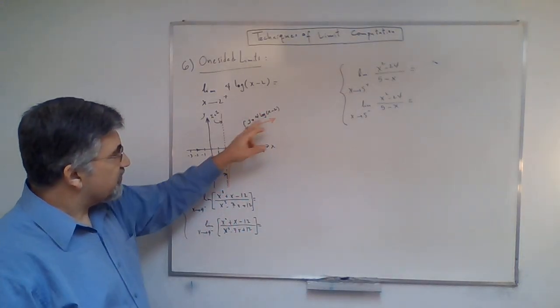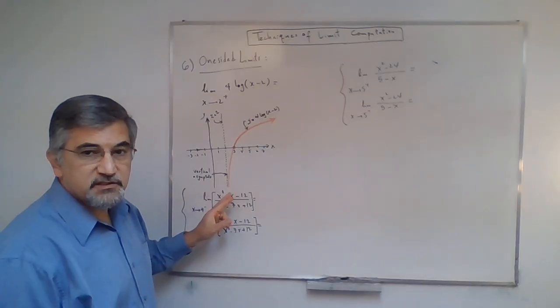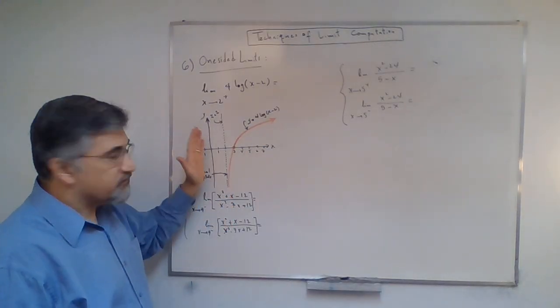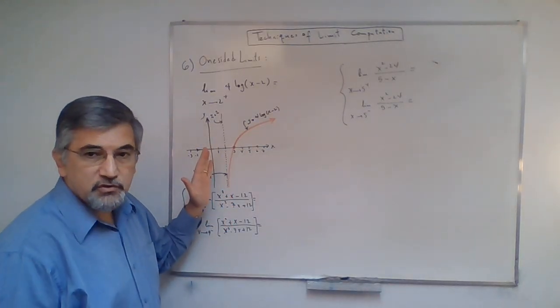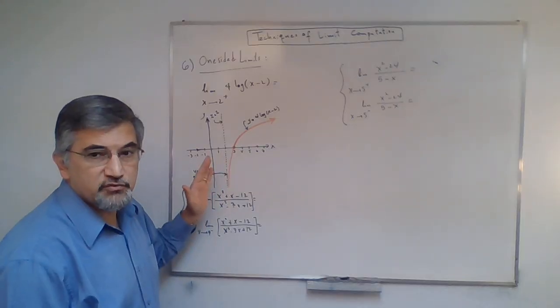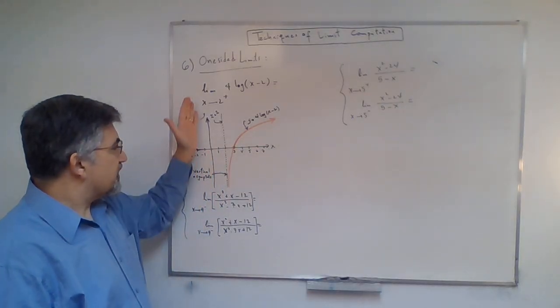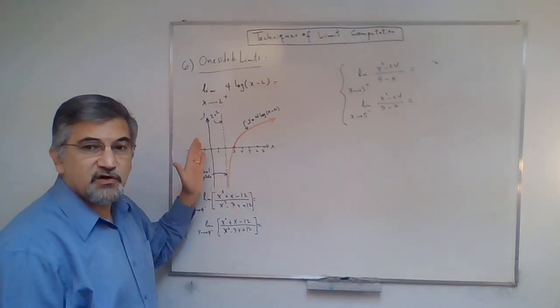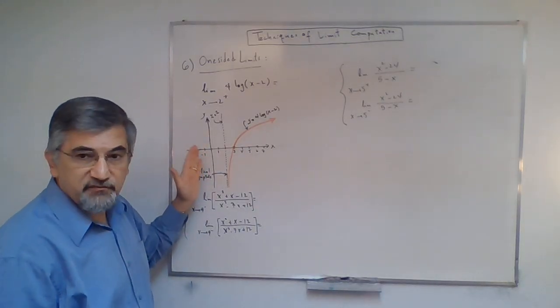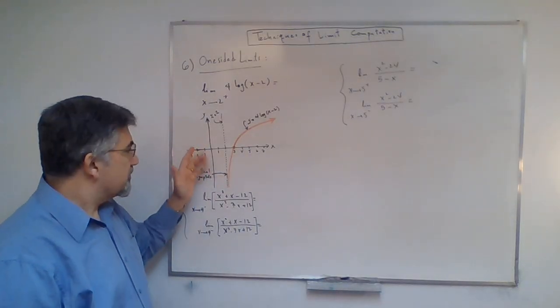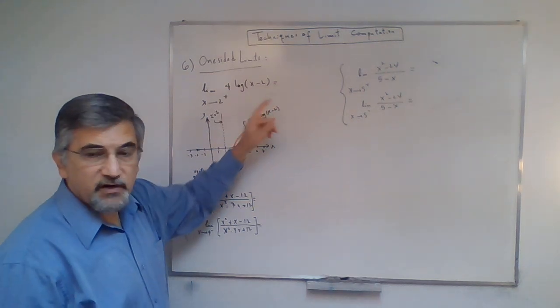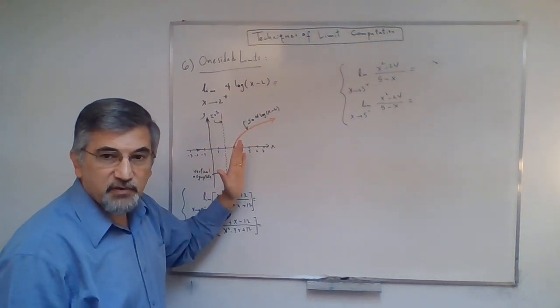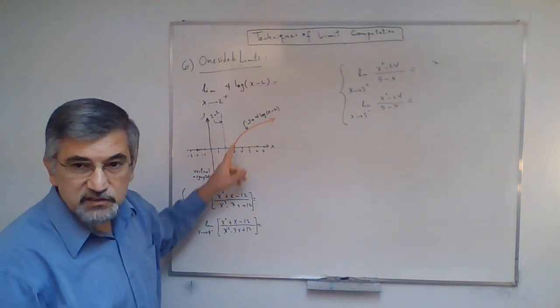The vertical asymptote also shifts to the right by 2 units. The y-axis, whose equation is x equals 0, is the vertical asymptote of the basic logarithmic function. But because of the horizontal shift, the graph is shifted to the right by 2 units, and this is how the graph looks.